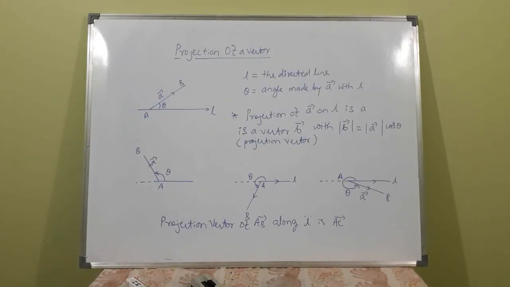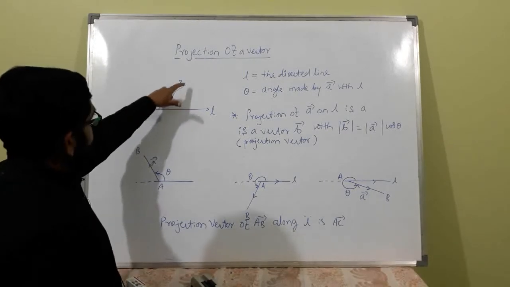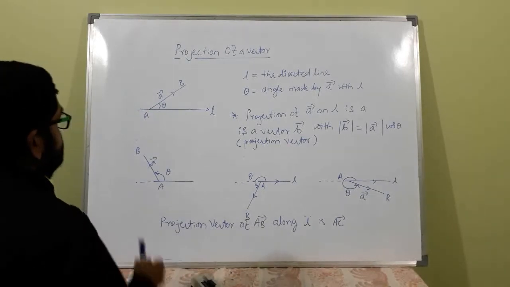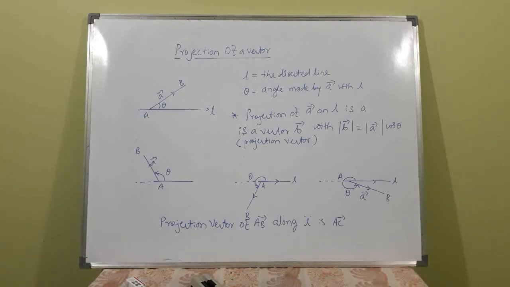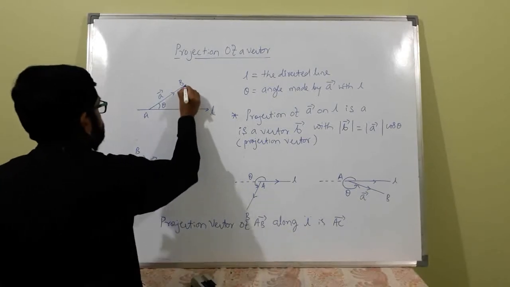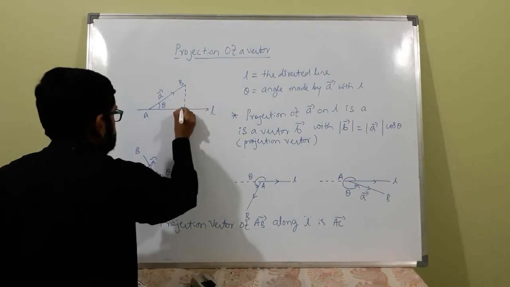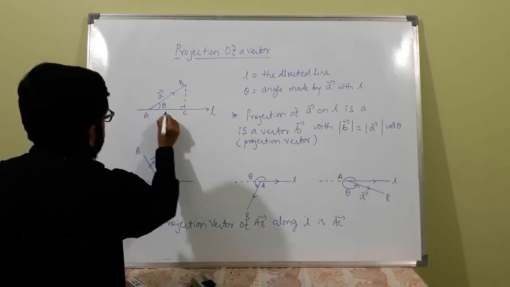So another important concept here is projection of a vector. Suppose L is a directed line and AB is a vector A which makes angle theta with L. Then the projection of this vector on L is given by, suppose you draw a perpendicular line, this is the projection AC.